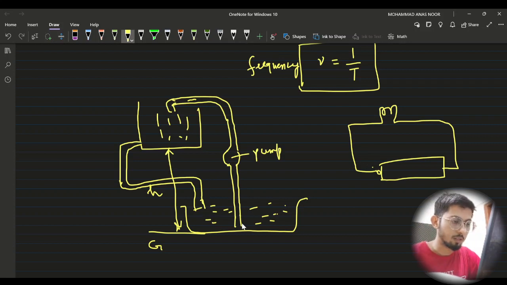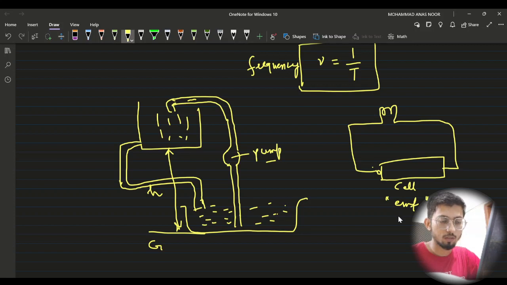So this starts from here, it goes like this, and then it comes back into the lower tank. So this won't do it automatically. You need to push it with the pump, and this pump is analogous to this cell or a battery, which has some EMF or voltage, right? What's the full form of EMF?